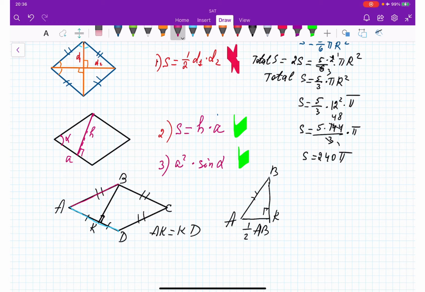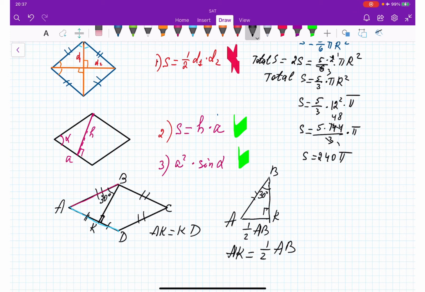So therefore, AK is 1/2 of hypotenuse AB. And that means the angle that is opposite to the half-hypotenuse leg is 30 degrees. So if AK is half of hypotenuse AB, then the angle opposite to AK is 30 degrees.